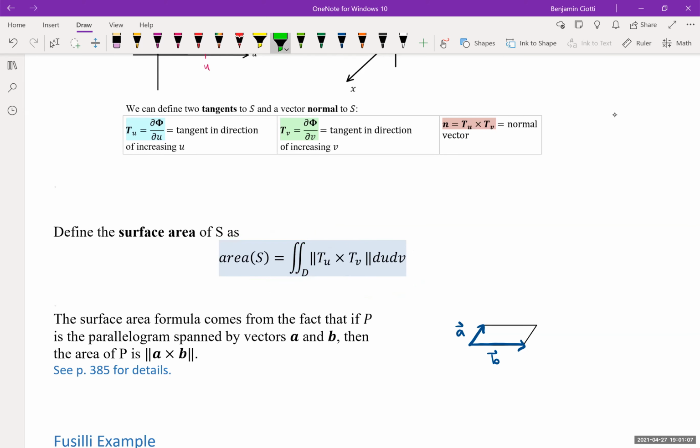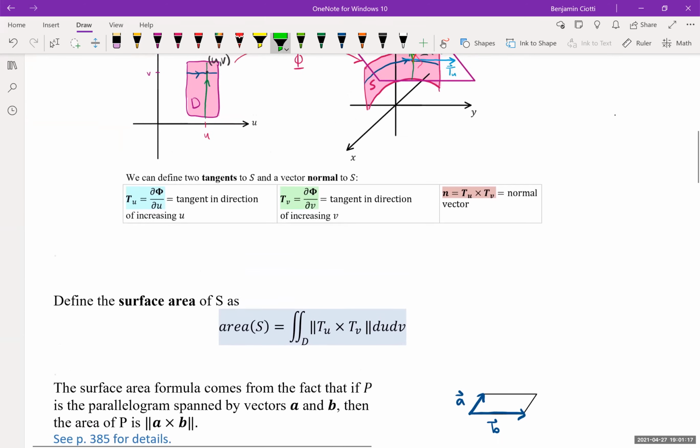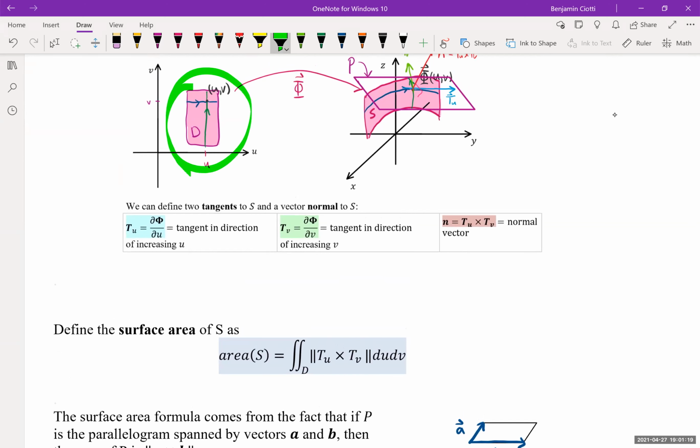Remember that Tu cross Tv, that was the same thing as the normal vector, n. So we take its norm and we integrate that over the domain D in the UV plane.